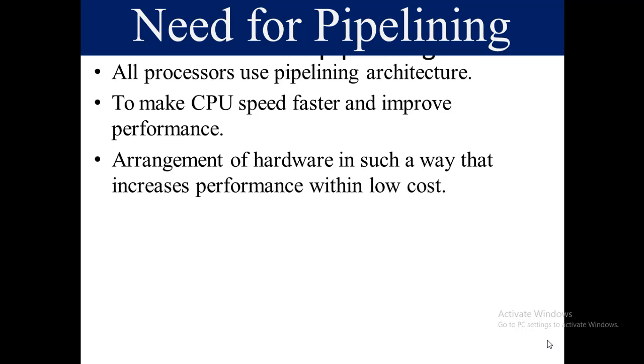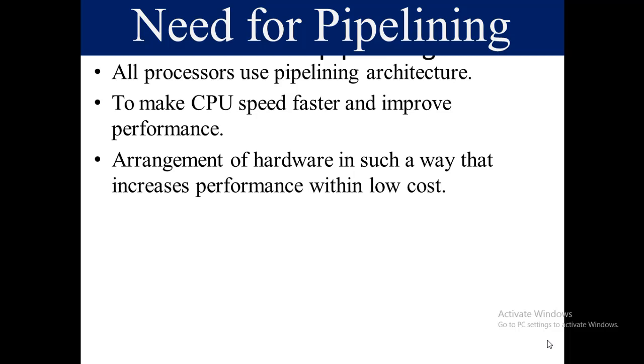Pipelining is an arrangement of hardware in such a way that it increases performance at low cost. Purchasing new hardware is very costly. Even though the latest and advanced technology will improve CPU performance, purchasing new hardware is a very hard task.